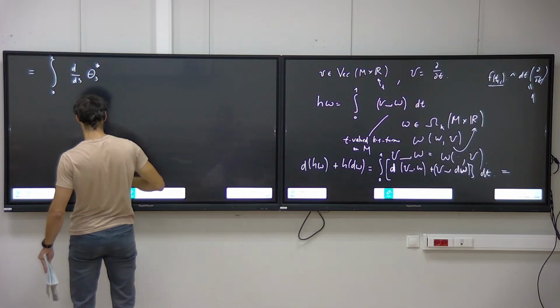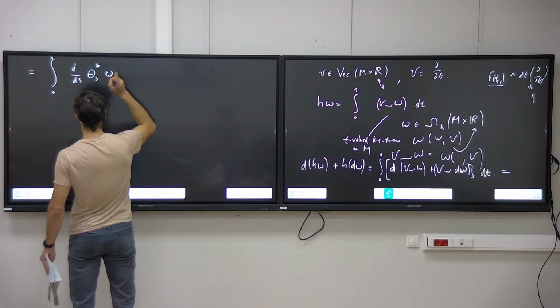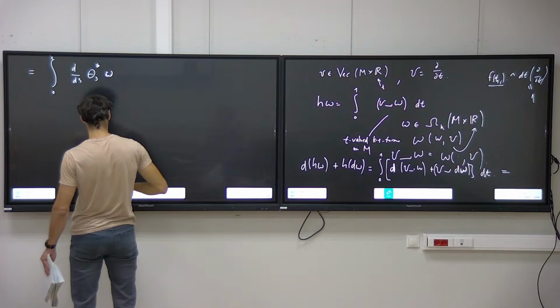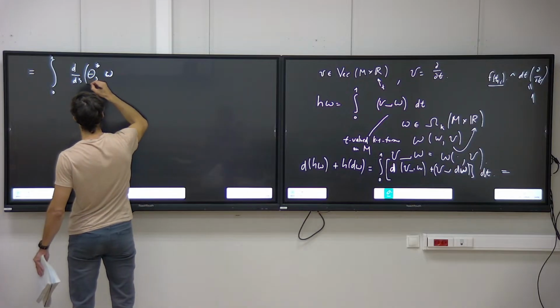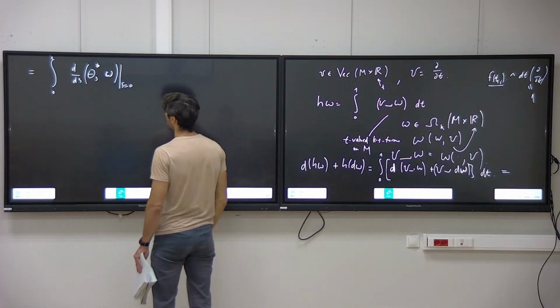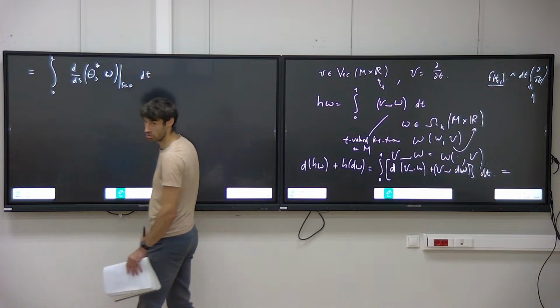I need to first apply theta s to omega. So I need to write what theta s is as well, but then take the derivative with respect to s, and then take s equals to 0. So this is still a function of t, so I can integrate with respect to t.